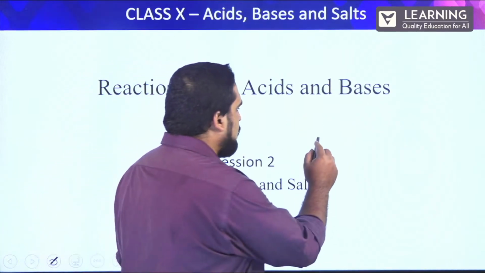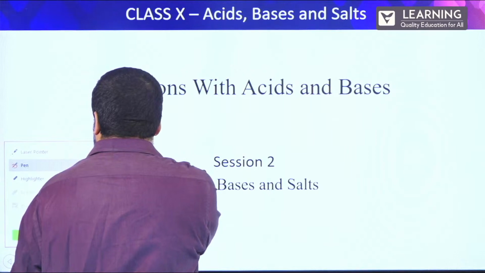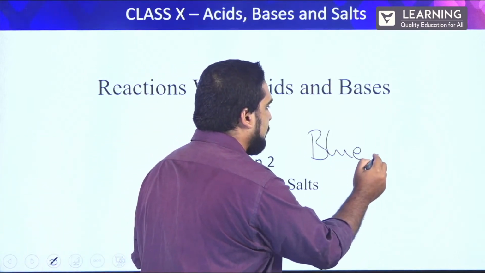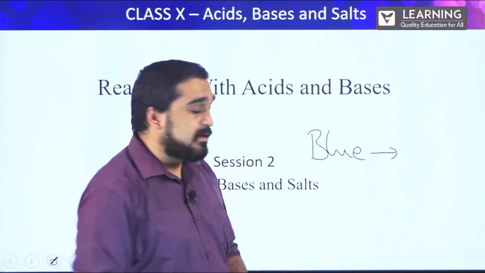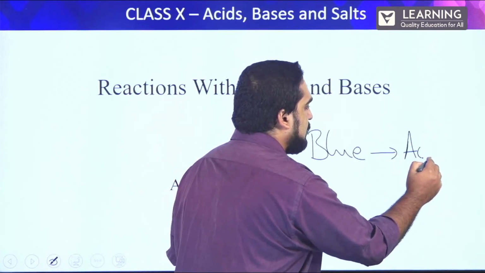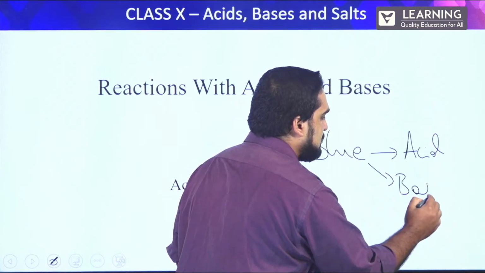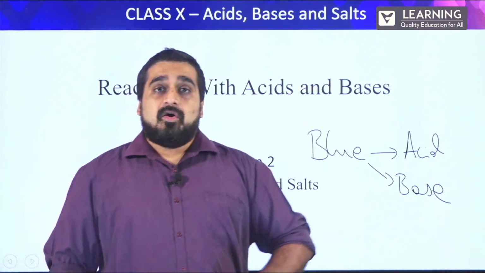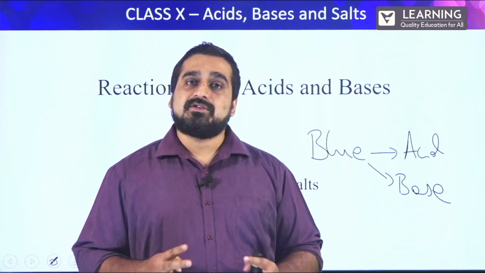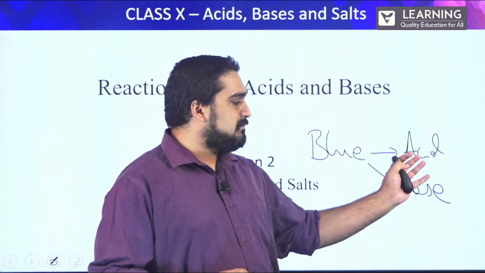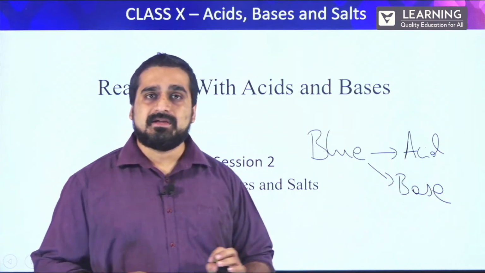Similarly, take a blue litmus paper and dip it into an acid, and after that dip it into a base. What color change do you observe when a blue litmus paper is dipped into acid and then into a base?